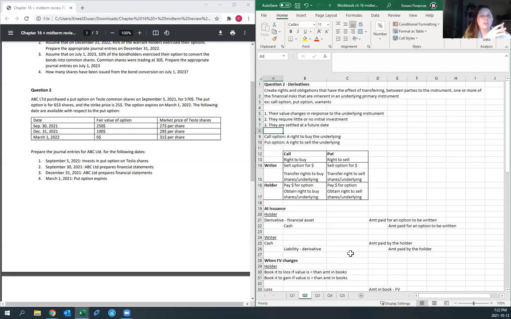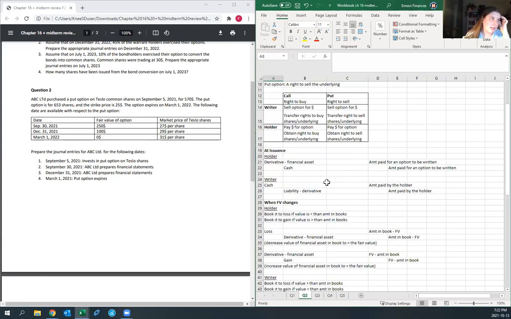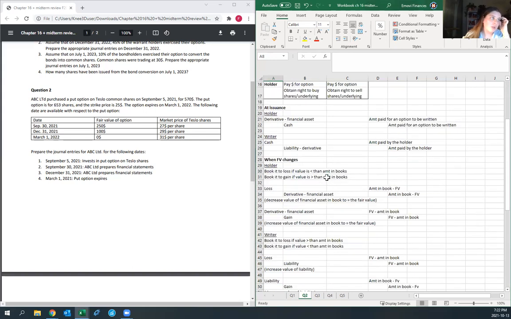Examples of derivatives: warrants, which is the warrant in the past question, that's a derivative. There are also call options and put options that you might have seen if you took the class. I just put a little description, but it's not that important. So at issuance, there are two parties in the transaction.